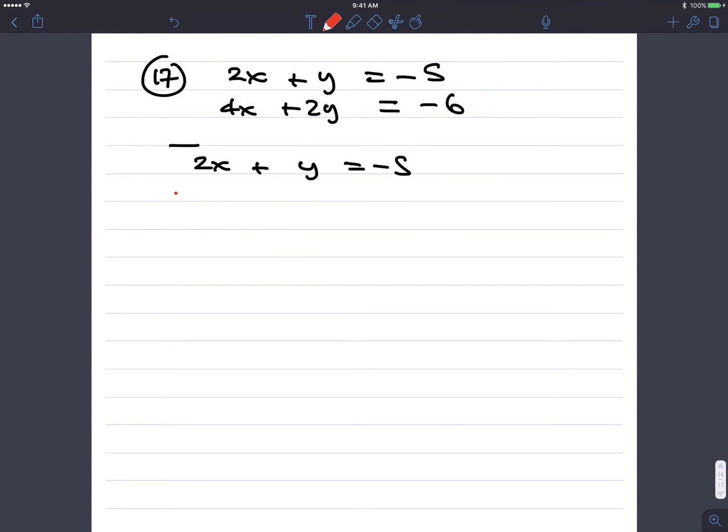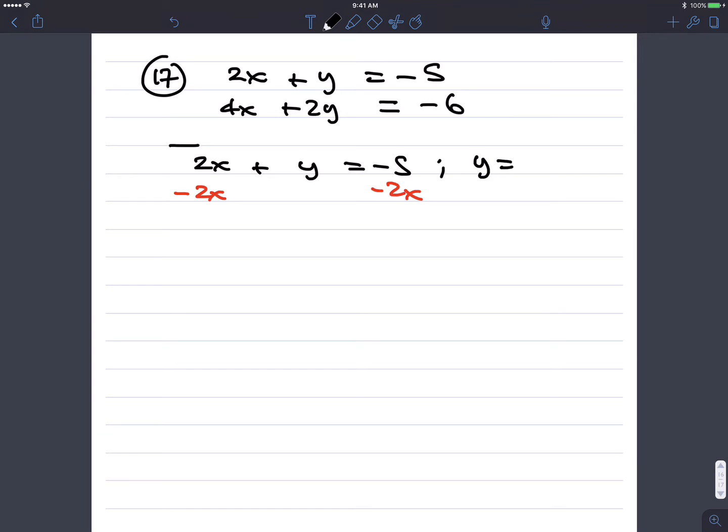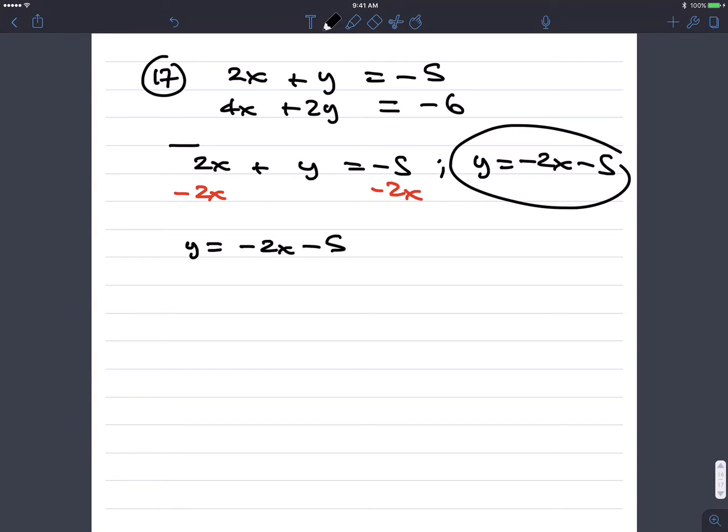Okay, first equation, solve for y. Subtract 2x from both sides. We get y equal to negative 2x minus 5.